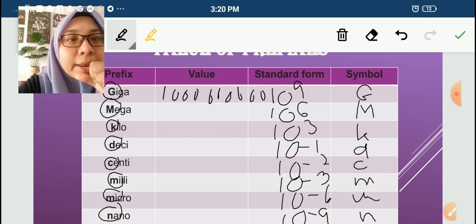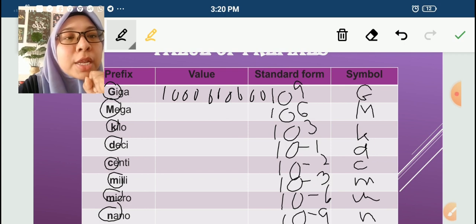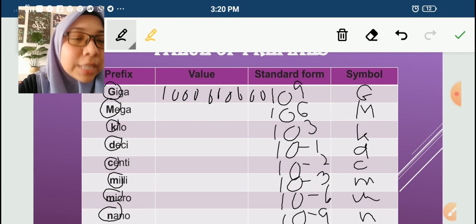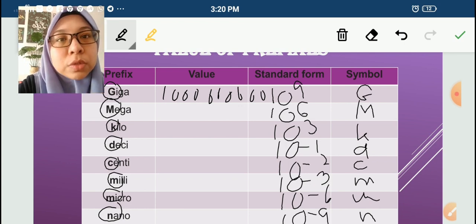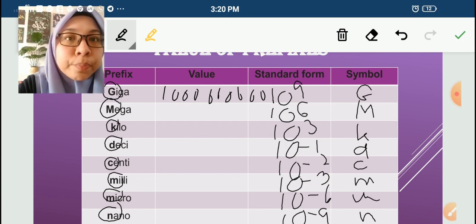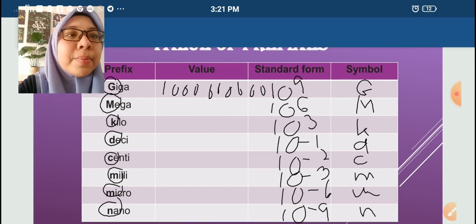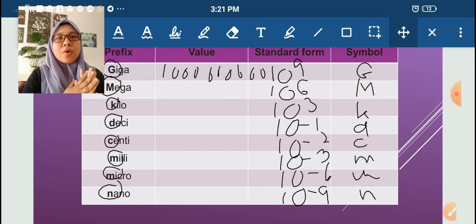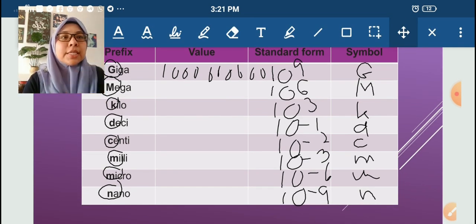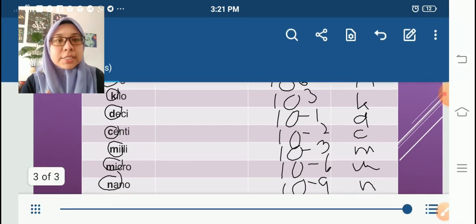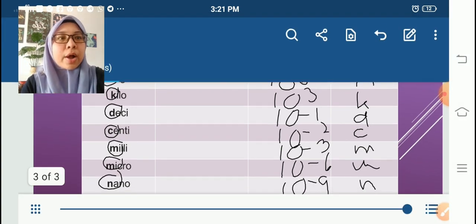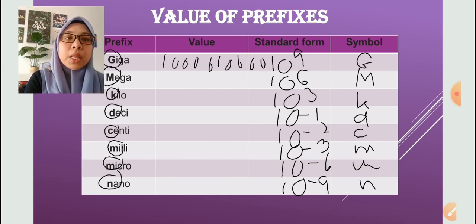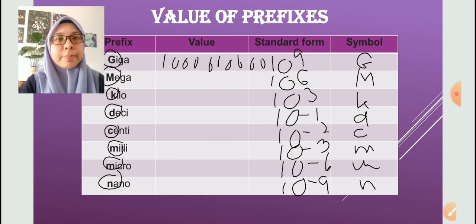Normally we do not need to memorize the general value when we use standard form, so we just use the standard form. That is how I memorize the names of the prefixes, the symbols, and the standard form.